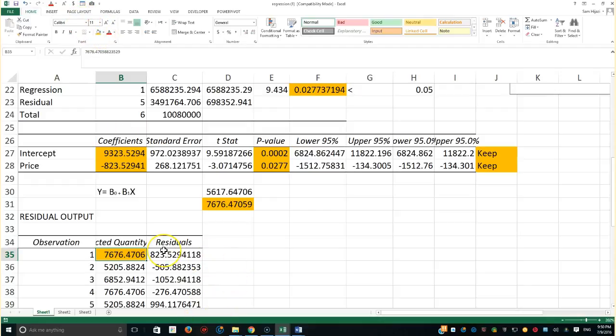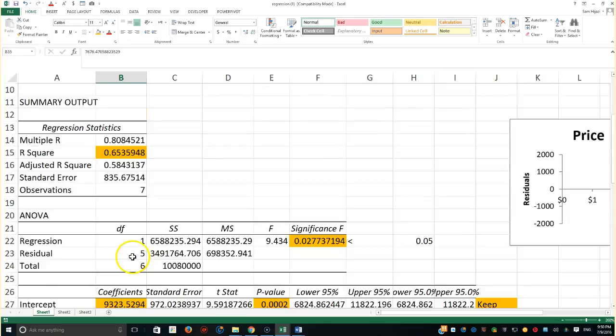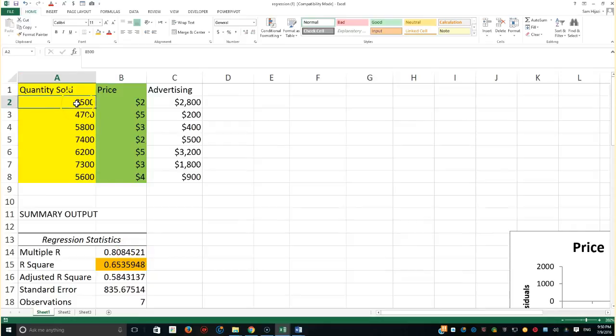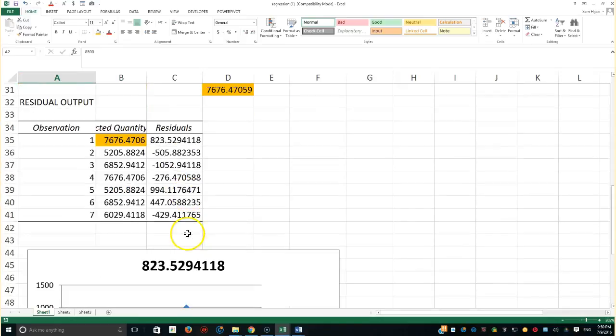So the residual is how far the value 7,676 is from the observed value, which is 8,500. This is calculated as follows: 8,500 minus this value, and you will notice this gives me those two values equal.